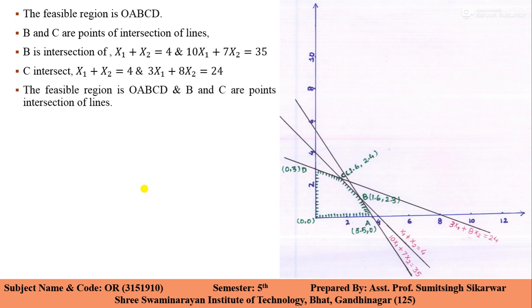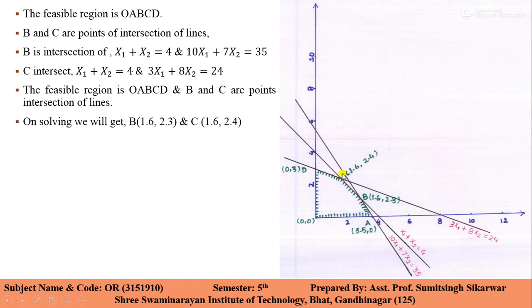So the feasible region is OABCD, and B and C are the intersection points. On solving, we will get point B as (1.6, 2.3), while we'll get point C as (1.6, 2.4).